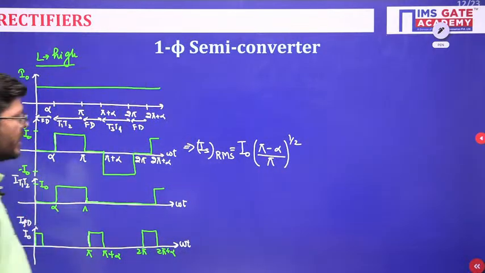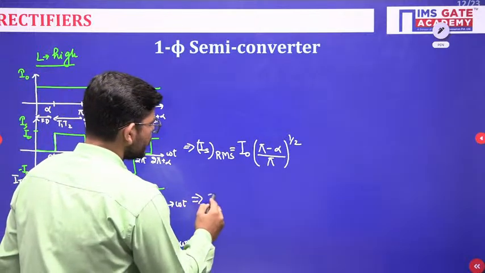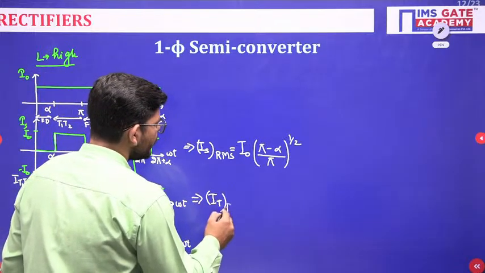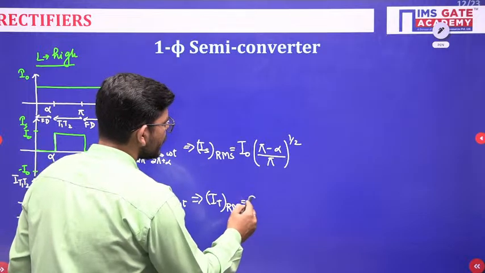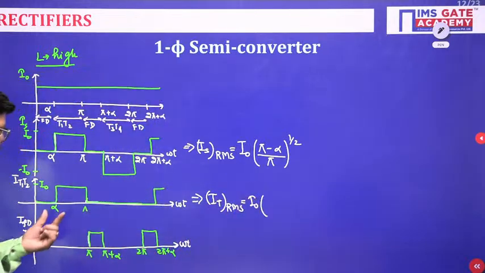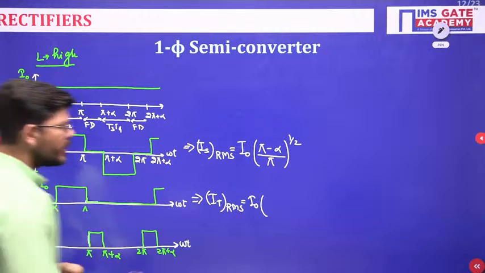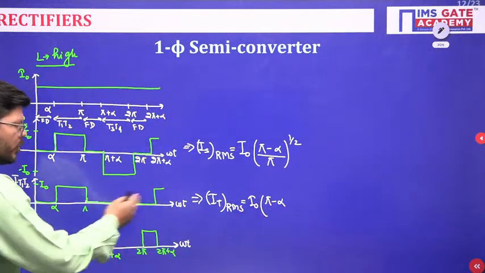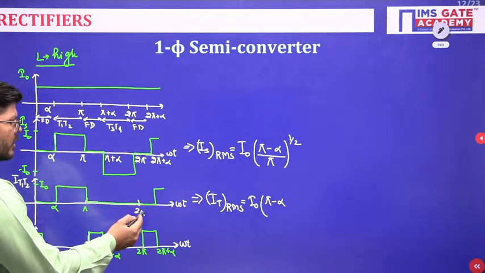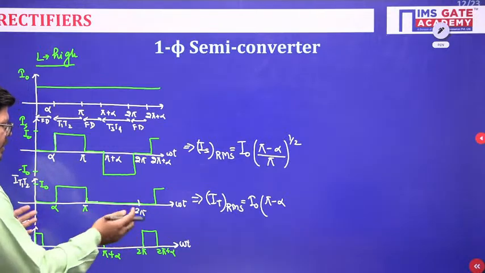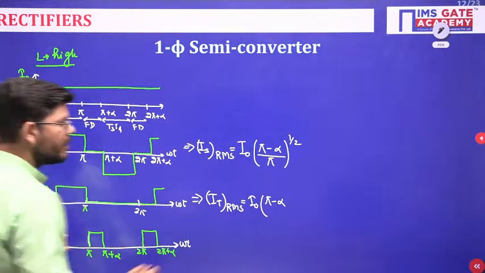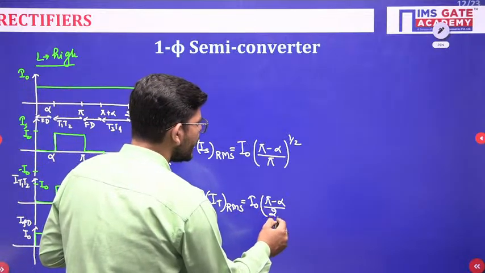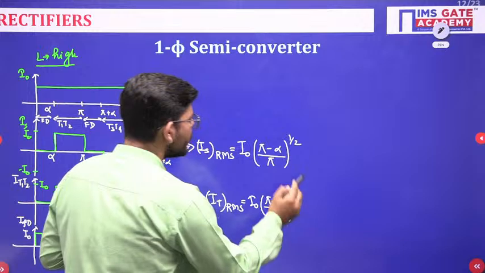Now when it comes to thyristor current, what will its RMS value be? The magnitude is I naught, and this current is present from alpha to pi, so it will be pi minus alpha again, but from the 2 pi time period we are getting it only for alpha to pi, so the time period will be 2 pi, so you will write here 2 pi to the power 1 by 2.